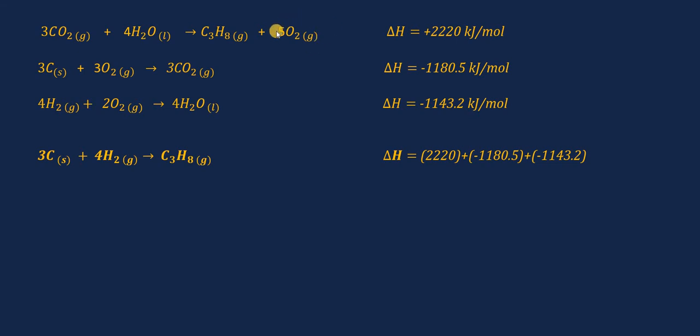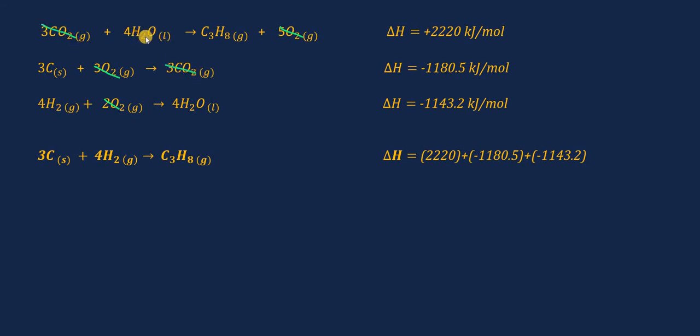So you can see up here we have 5 oxygen up here on the product side, and over here, after we multiplied everything by 3, we get 3 here, and after we multiplied everything here by 4, we get 2 here. So we got 5, and 3 plus 2 is 5. So the oxygens cancel. We have 3 carbon dioxides up here, 3 down here, so they cancel.